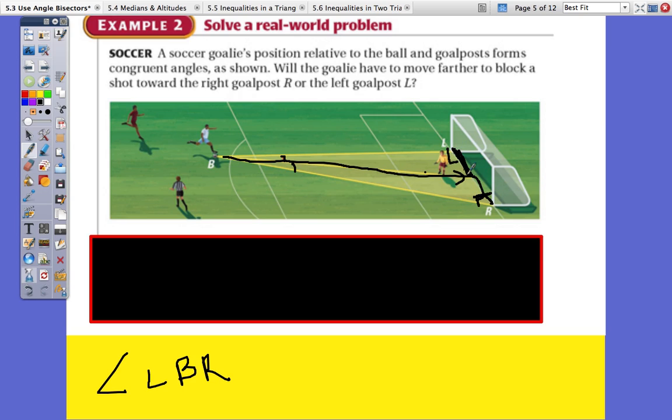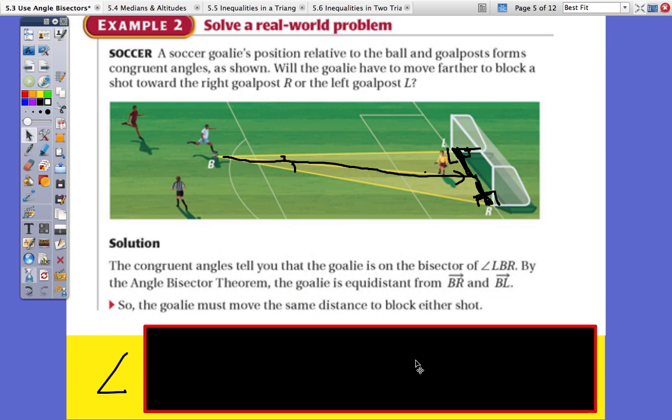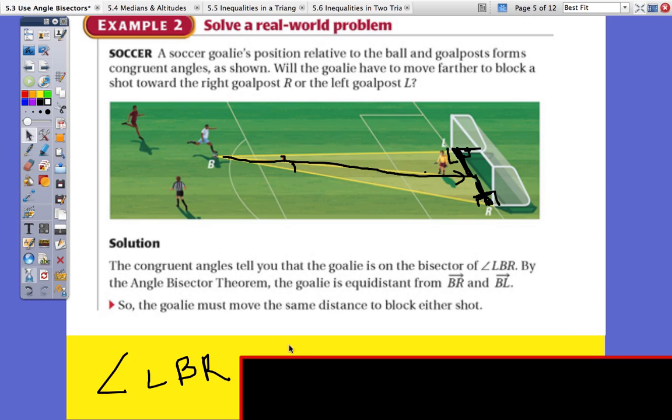There's not one side that's farther. Because these angles are congruent, these segments are also going to be congruent. So the goalie must move the same distance to block either shot. So because these angles are congruent, these distances are congruent.